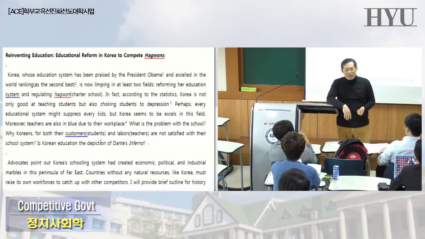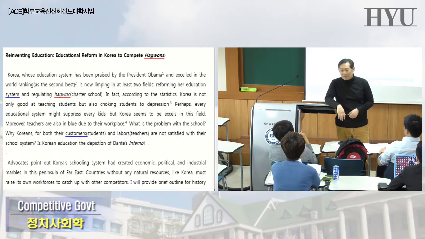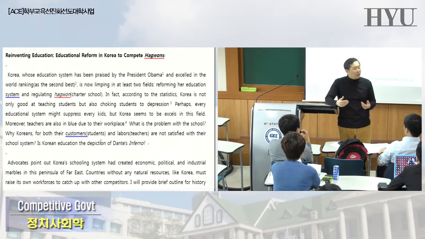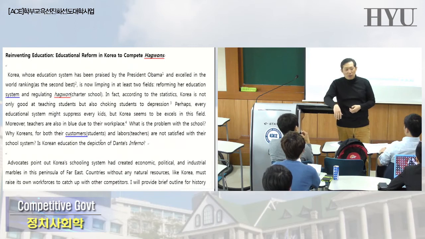The second group did not implement it well, and so the Park Geun-hye administration just rejected it. And so you have to think about what is a better system for introducing and implementing innovation in Korea. And then what are some of the problems in the Korean context?